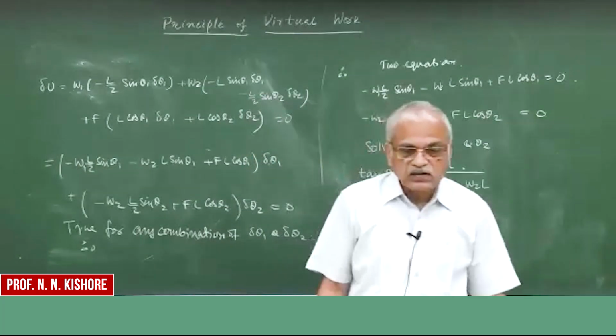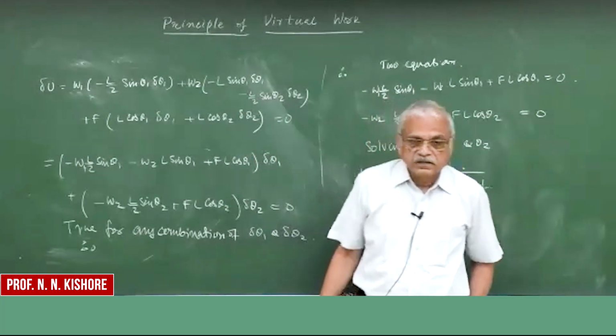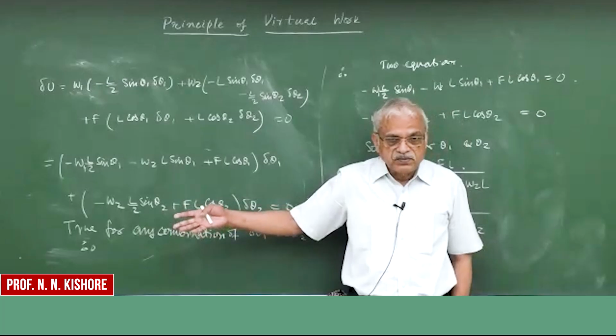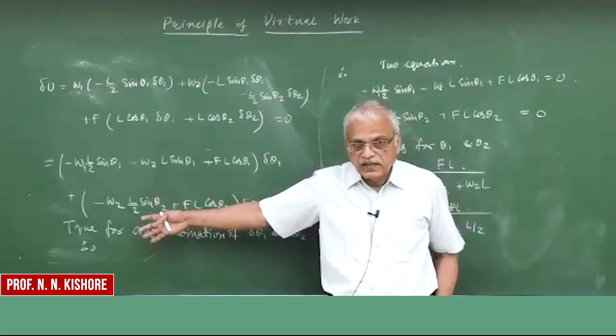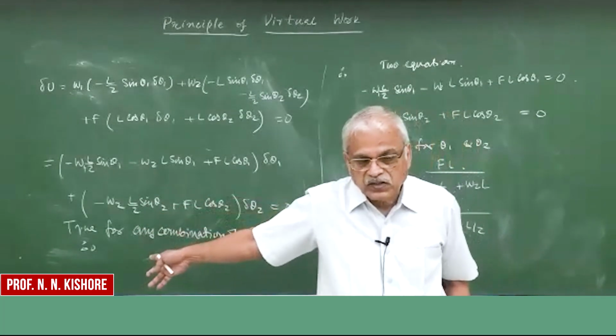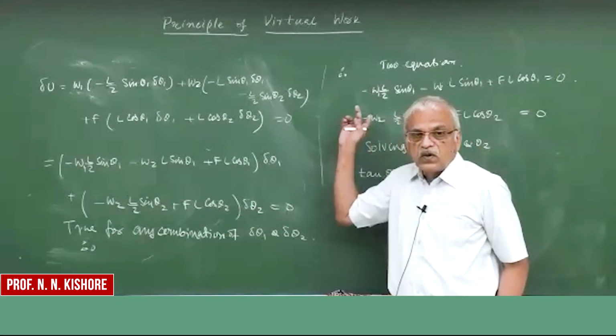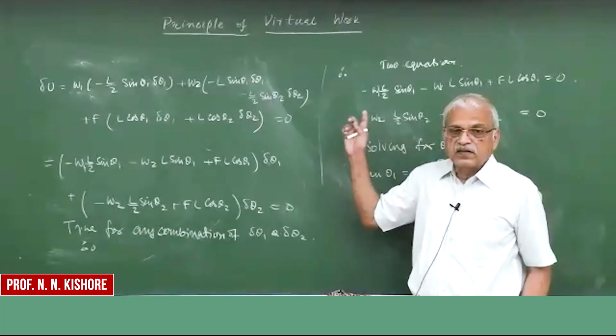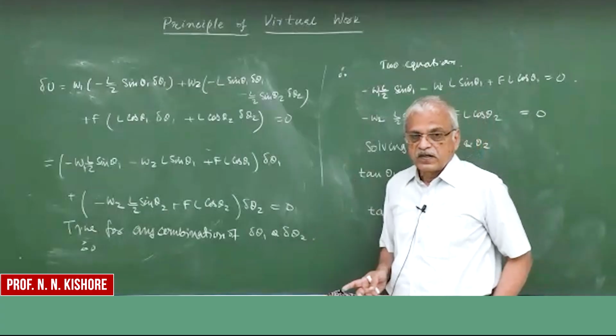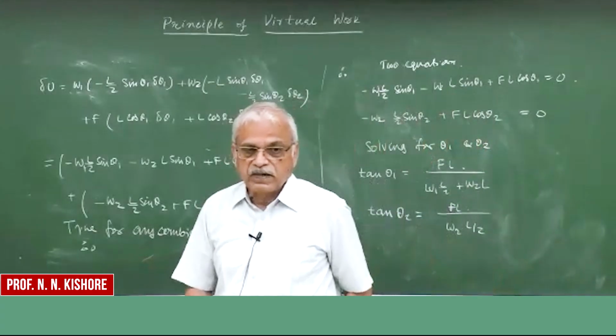That is also a very powerful thing which you need to observe: the virtual work done here is only one expression, but it is equivalent to two equations if you have 2 degrees of freedom. If you have 1 degree of freedom, you will get only one equation.